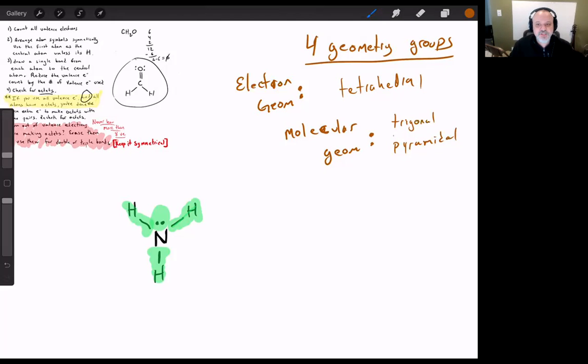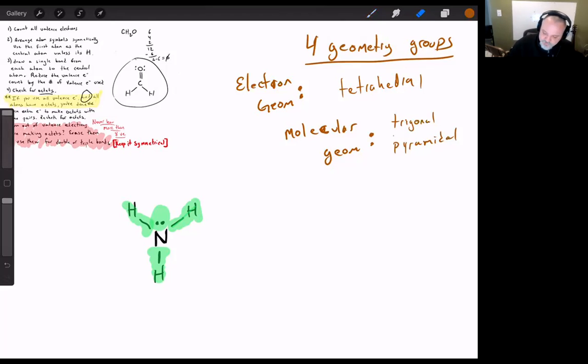Right. Electron geometry is the same as the parent geometry. So 4 electron groups gives you a tetrahedral parent geometry or electron geometry. The molecular geometry with 1 lone pair is trigonal pyramidal in that case.